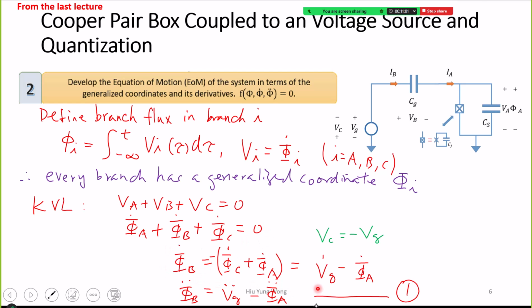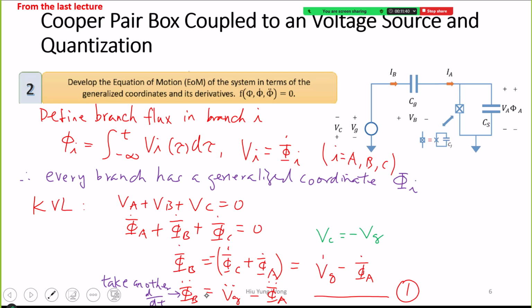Then you just rearrange them, and trust me, there's no mistake here. Particularly here, VG is the voltage you really apply to it, and I have a negative sign for it. So I just change psi C dot to negative V dot. Negative times negative becomes positive. Then I do one more derivation, another d/dt, so I get the second derivative.